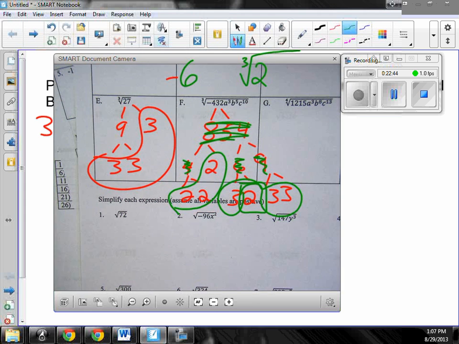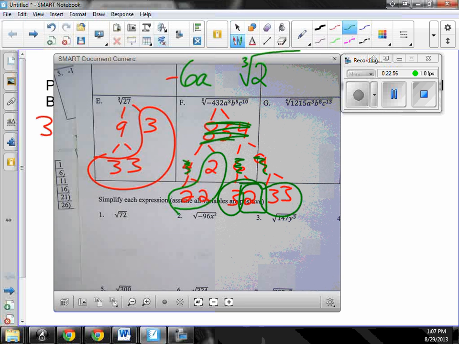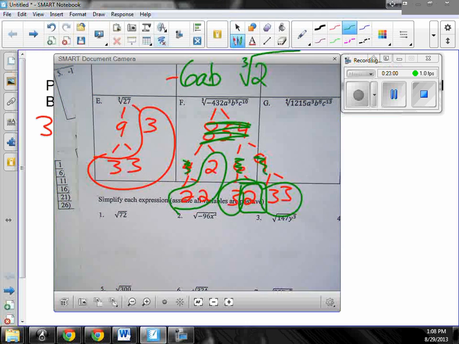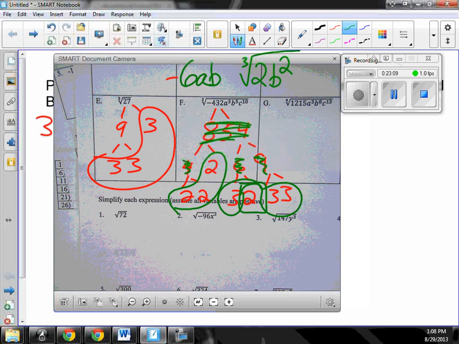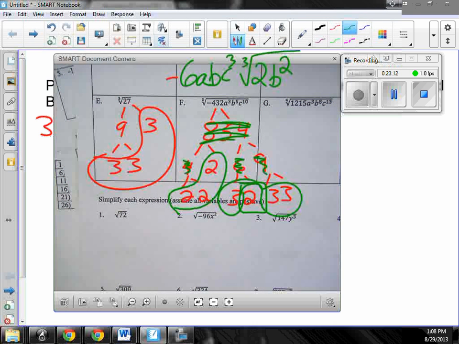So now if I'm looking for groups of 3, how many sets of 3 A's do I have? 1 set with how many left over? None left over. How many sets of B? 1 set. How many left over? So B squared on the inside. How many sets of C's do I have? 3 sets. C to the third. How many left over? Just 1. C.